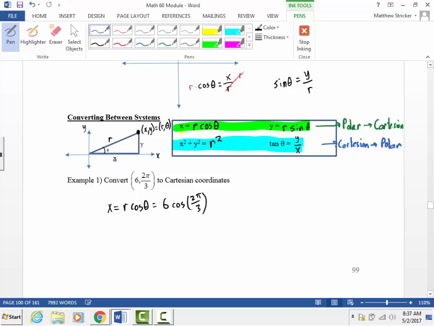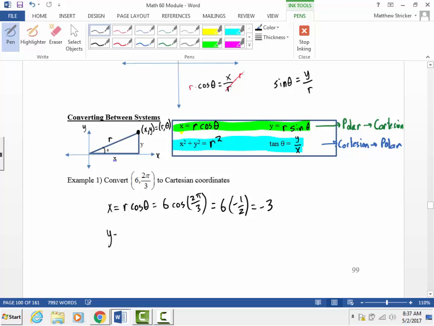And we just reviewed that the cosine of 2 pi over 3 is negative 1/2. Everybody all right with that? So this is 6 times negative 1/2, which is negative 3.